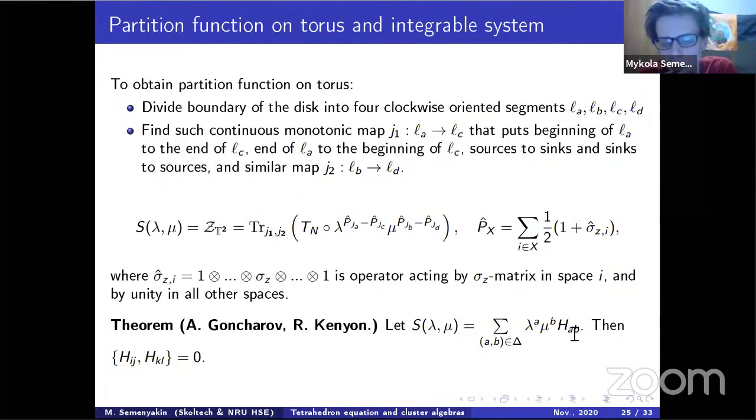In this theorem, if you look into their formulation, they don't have lambda and mu at all. You can just look, and let's postpone this. But they don't have spectral parameters. They classify all contributions to the partition function by the class in torus homology, and they don't extract spectral parameters.